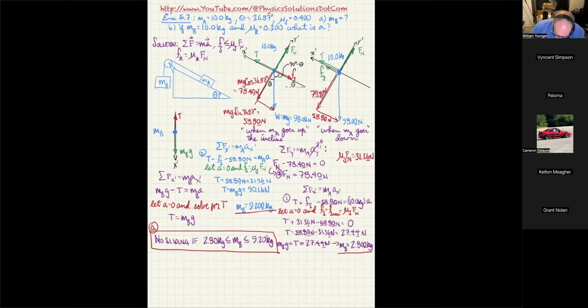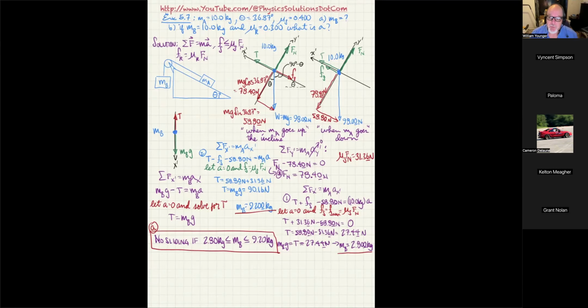All right, now that I've finished part A and gotten off my soapbox, we're going to work with part B. Now that we know that nothing happens between 9.2 and 2.8 kilograms, we're going to take a mass of 10.0 kilograms, which obviously is going to result in M A going up the incline, and we want to calculate the acceleration.